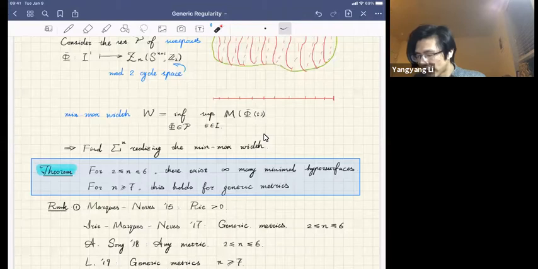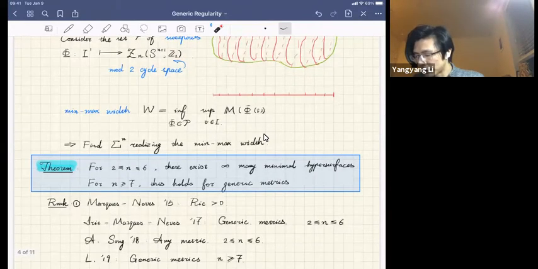And it was finalized by Antoine Song in 2018, showing that for any metric with dimension between 2 and 6, we can find infinitely many. And myself, I showed that when the dimension is no less than 7, for generic metrics, this also holds.